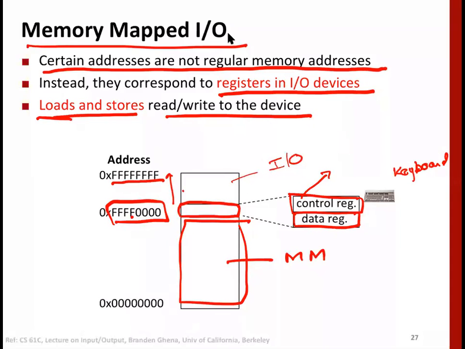We are not going to have any special instruction for doing IO with any device, because the number of devices is changing and their nature is also changing. Whenever you come out with a new device, you would have to add a new instruction type, for example write to a printer or read from some device.